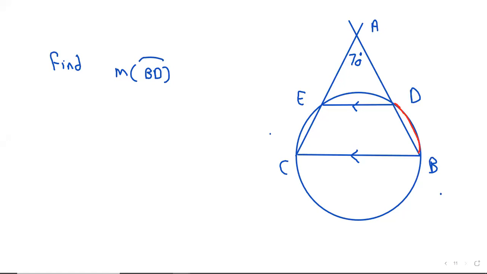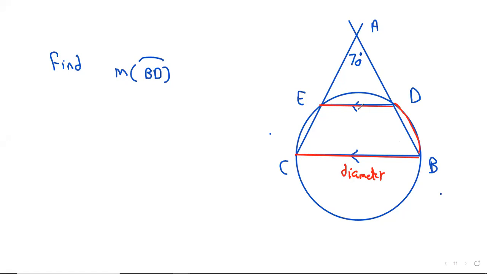In the opposite figure, M is a circle, BC is a diameter, and the measure of the angle is 70, and DE is parallel to BC. Find the measure of the arc BD.